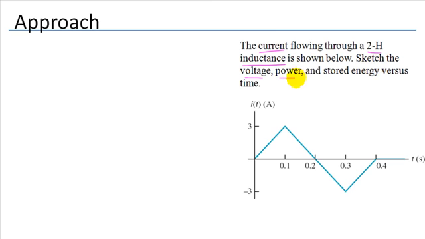We are looking for a sketch, or actually sketches, of the voltage, power, and stored energy associated with this current through the inductance. I'll start out by visualizing the inductor itself. Of course, the inductor is a 2-terminal element.